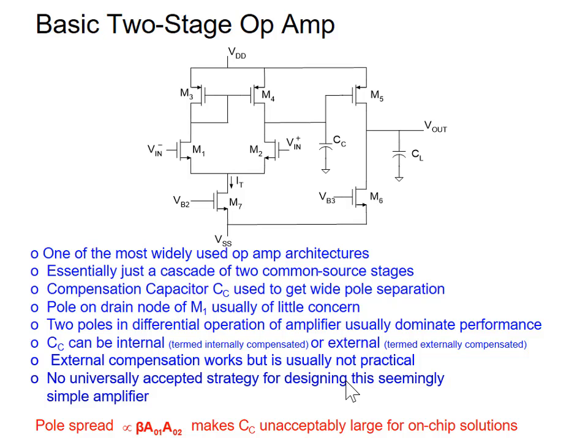That capacitor is CC. They couldn't put that capacitor on chip because its size was too big. There were many op-amps that went into commercial production that had that extra pin. Although some of those op-amps were expensive initially, today if we did that, the cost of the capacitor may exceed the cost of the op-amp.